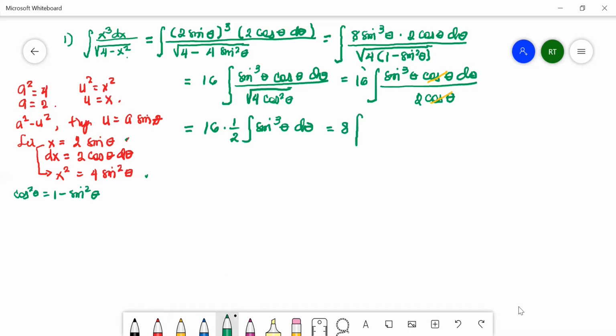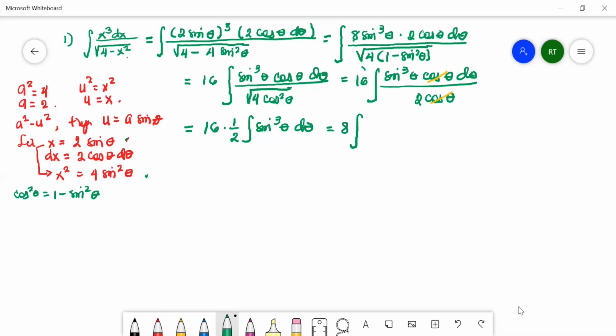Now look at the integrand, sine cube of theta d theta. To evaluate this, we can do transformation. Note that in the transformation, if the exponent of sine is odd, we can split off the factor sine of theta, since negative sine of theta d theta is the differential of cosine of theta.